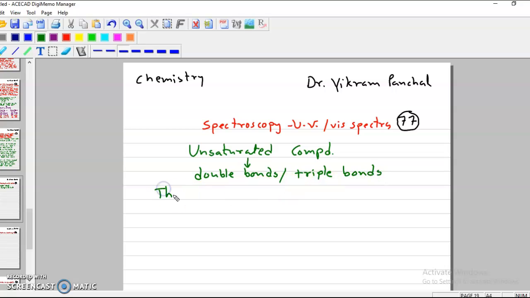There should be a minimum of two double bonds in a given compound.